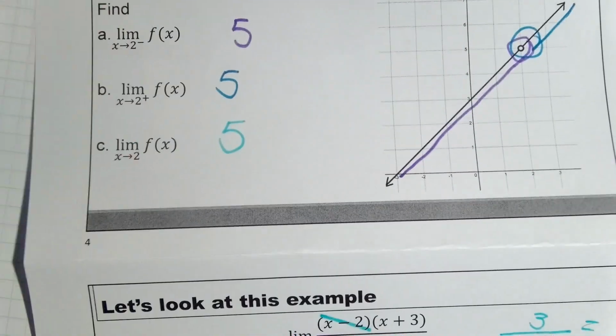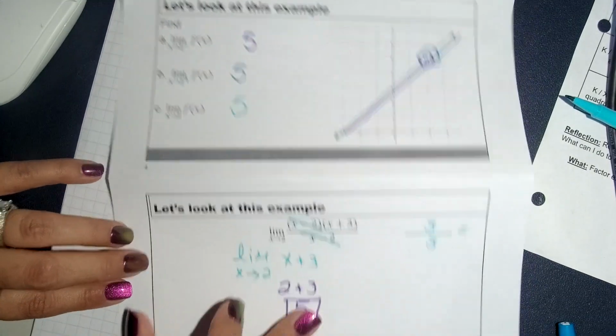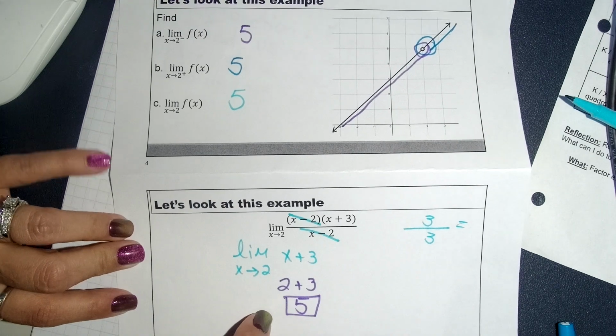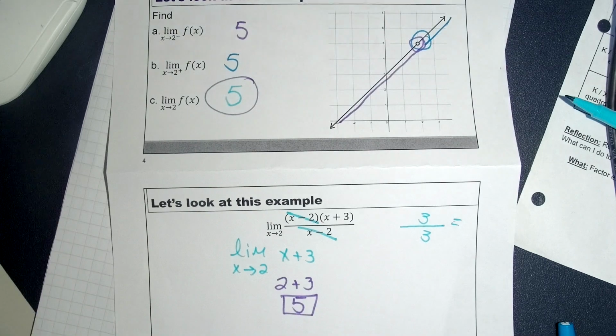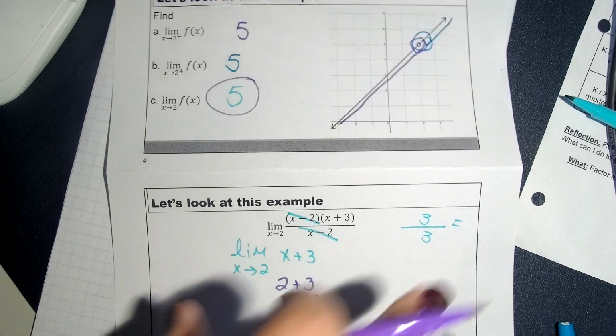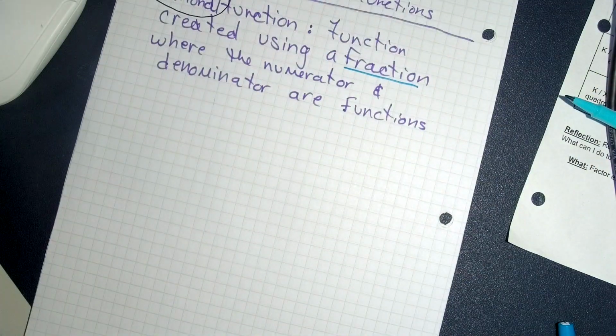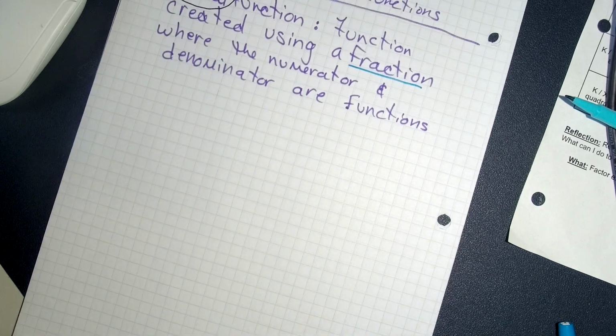So what was the limit of this? 5. What is the limit of this? 5. Today we're going to learn that rational functions don't always have a does not exist limit. Okay? Let's go back to our notes. I'm like, wait, Miss Santana, you lost me. Don't worry. I will bring you back, hopefully.